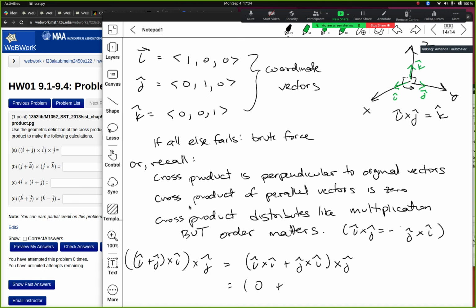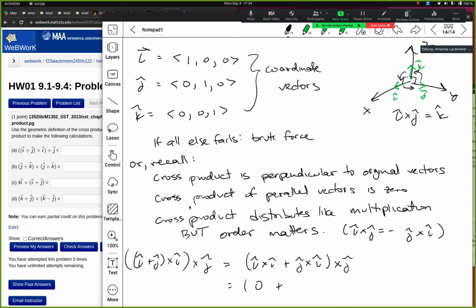And the order matters here. All the cross products are going to follow right-hand rules. So if you go in the direction of the axes, reading x, y, z, you get positives. But if you go opposite the direction you normally read them, you get negatives, like I talked about here.